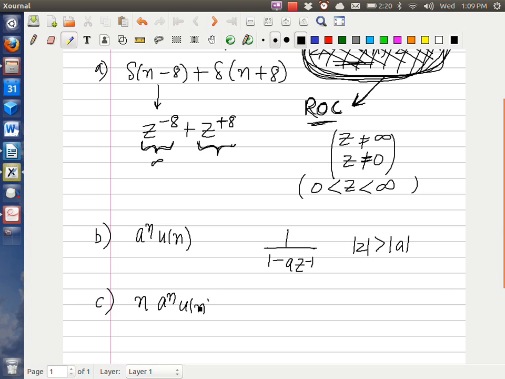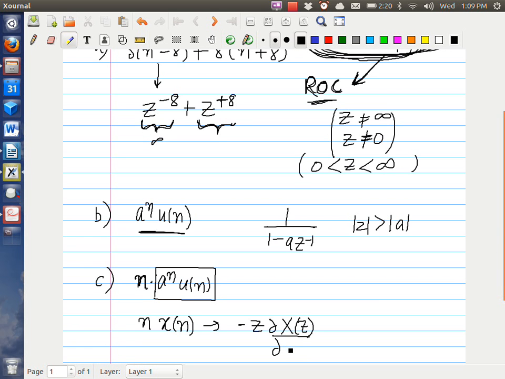So this follows what you did in B. You already have the z transform for this sequence, and you've just multiplied it with an n. And you remember n x[n] means negative z times the derivative of X(z). So the X(z) for this guy is this.